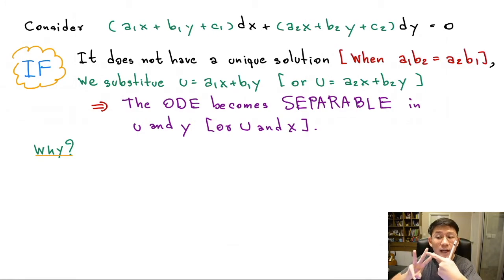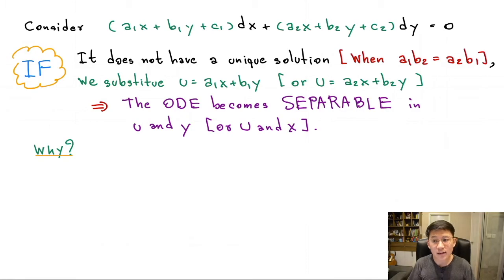Second, there's no solution at all. And third, there are infinitely many solutions. So in this case, it doesn't have a unique solution.